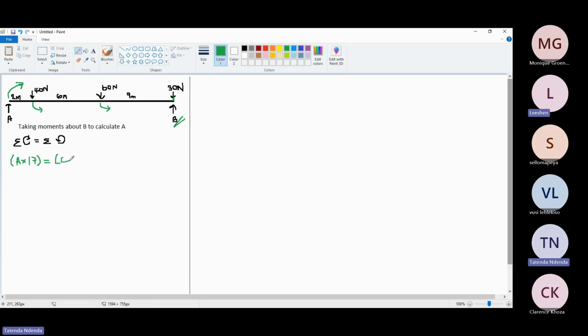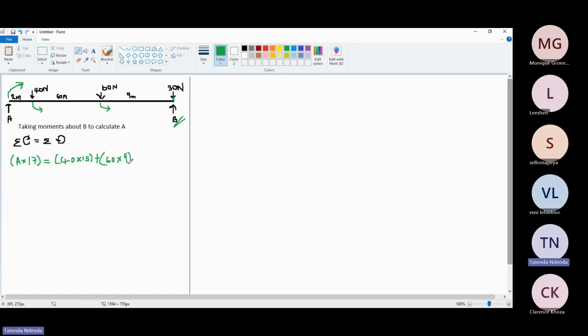40 multiplied by 15. So the 15 we're getting from 6 plus 9, and the 17 is 6 plus 9 plus 2. Then we have another one, which is 60 multiplying 9, right?